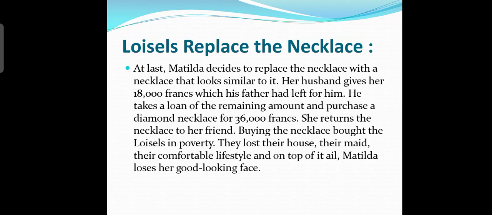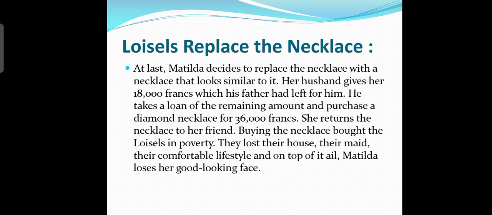It means all his savings. He takes a loan of the remaining amount and purchases a diamond necklace for 36,000 francs. She returns the necklace to her friend. Buying the necklace, both the Loisels fell into poverty. Now they had to buy a necklace that they could not afford.